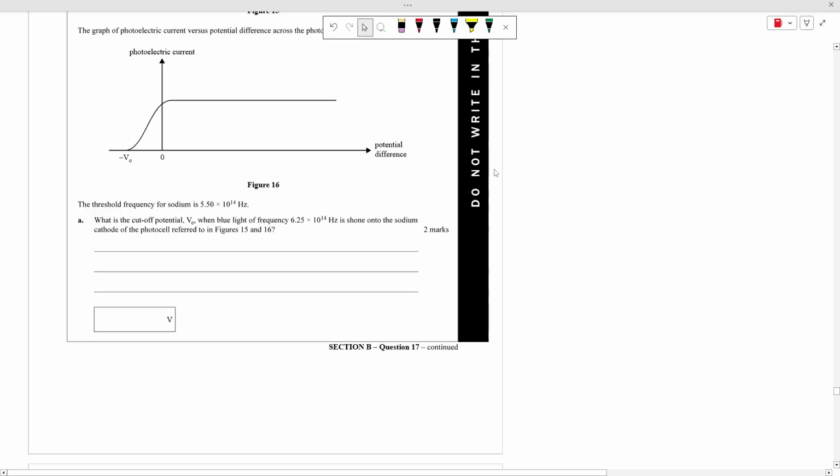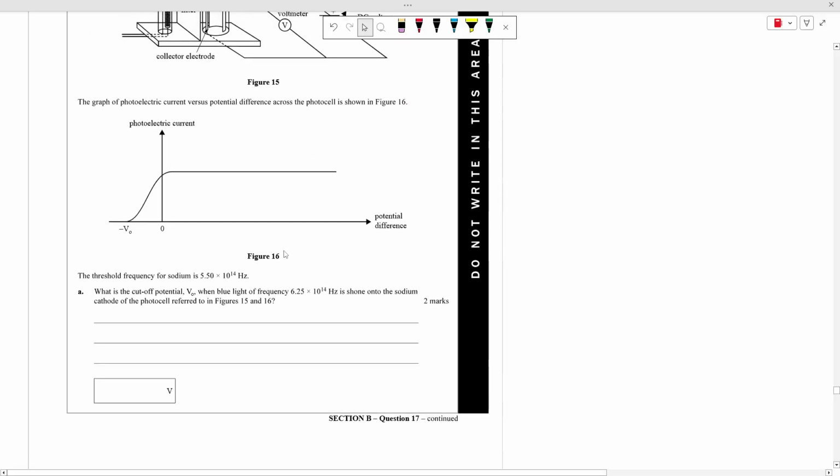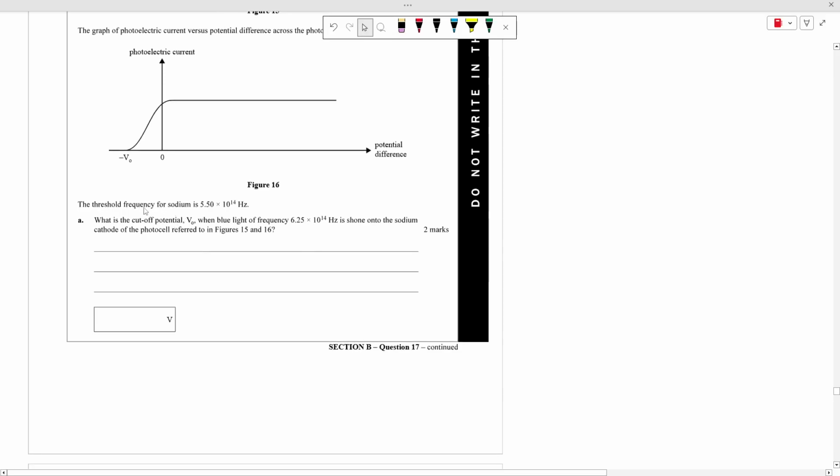Okay, so cutoff potential, also known as stopping voltage. It's asking us to calculate what that stopping voltage is. Now, it says that the threshold frequency for sodium is that. Okay, that is our F0. Below this frequency, nothing will be ejected because the photons don't have enough energy to do anything.